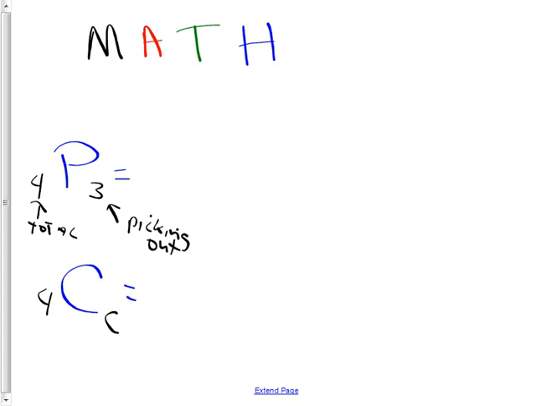So P means the order matters. So let's make a list for the word math. If I'm taking out three-letter combos of all the permutations of that. All right, would you agree that ATH is one of the three-letter combos I could pull out? That's one of them, right? And if order matters, then there's a bunch more.